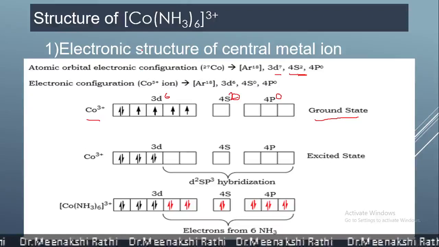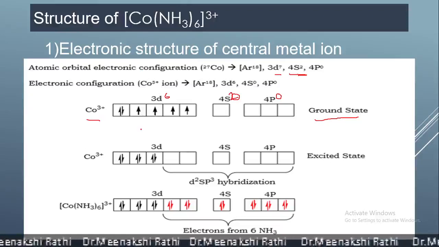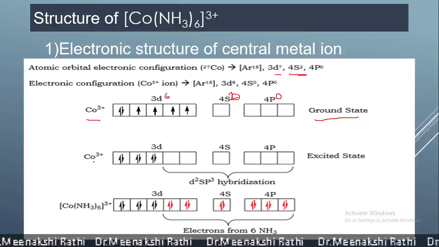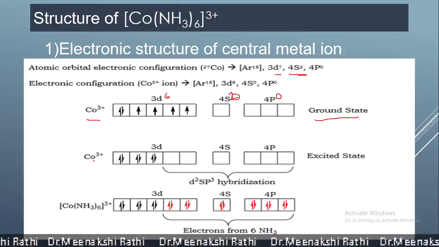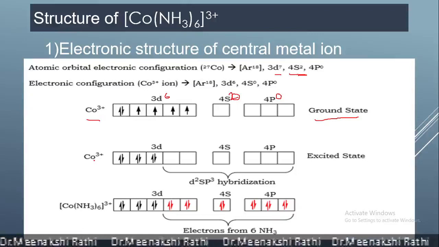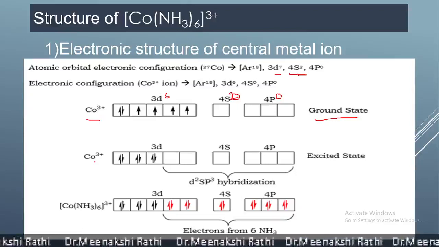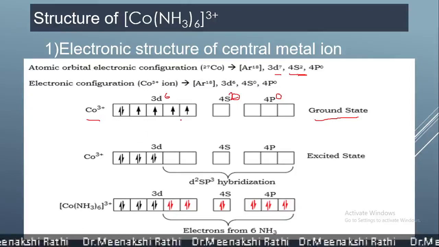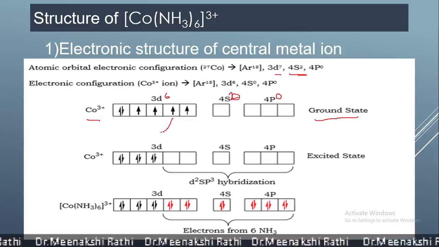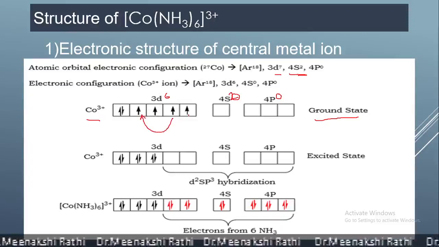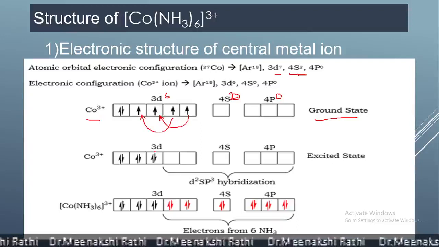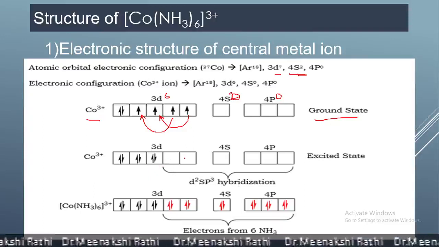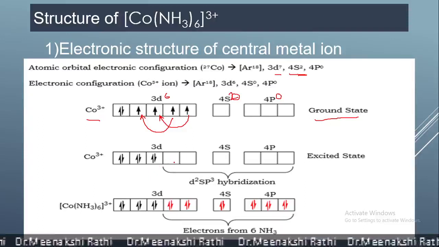In hexaamine cobalt, when 6 amine ligands approach the central metal ion, as amine is a stronger ligand, it provides pairing up energy, and these 4 unpaired electrons get paired. Here, this electron pairs up with this, and this electron pairs up with this. So, there are 3 pairs of electrons. At the same time, 2 vacant d orbitals are formed.